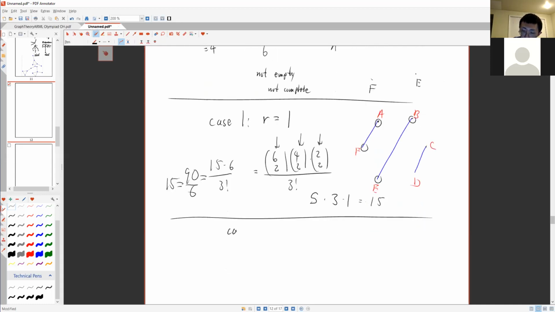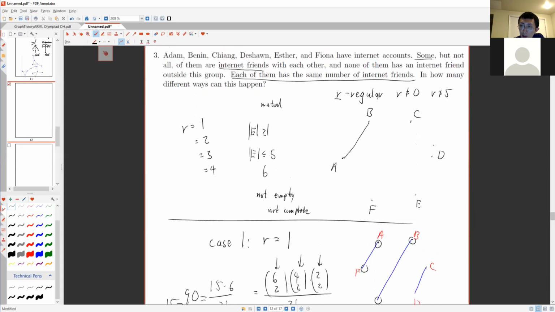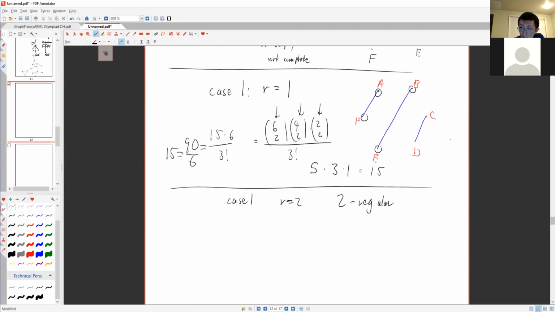So what about case 2? So it's 2 regular. What could it look like this time? Let me just make sure the problem statement is, yeah, so it can look like a hexagon. Is there another way it could look?